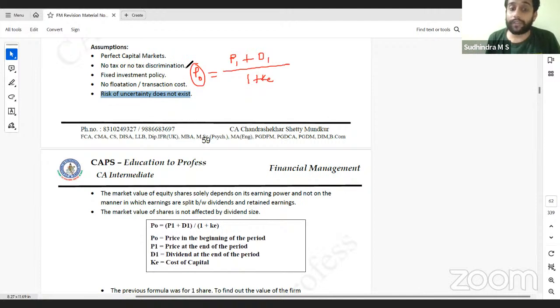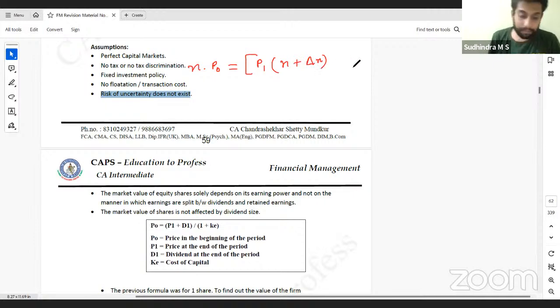If you want value of the firm, in that case, N into P0 is equal to P1 into N plus delta N, additional shares. Correct? N plus delta N minus investment plus E earnings divided by 1 plus KE. That remains the same. Right? So instead of D1, we go with minus I plus E. Whatever earnings minus investment. P1 into N plus delta N divided by 1 plus KE.